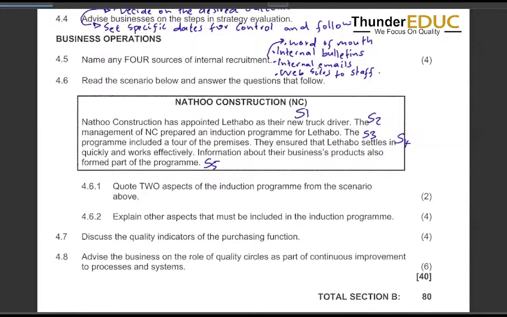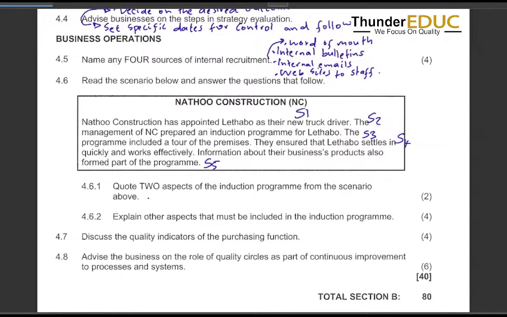So now it says, quote, two aspects of the induction program from the scenario above. Our first aspect is where it says the program included a tour of the premises.